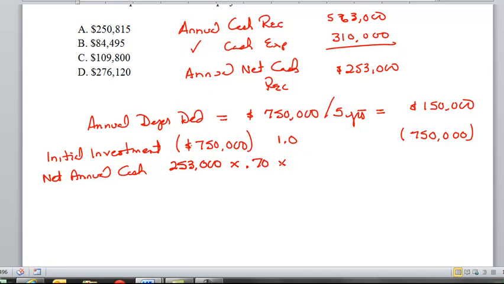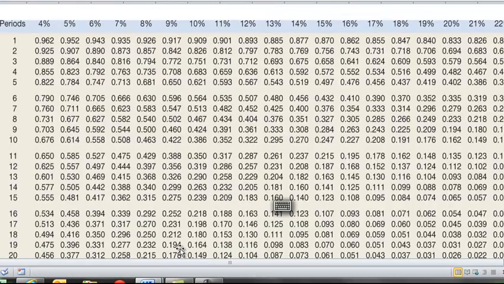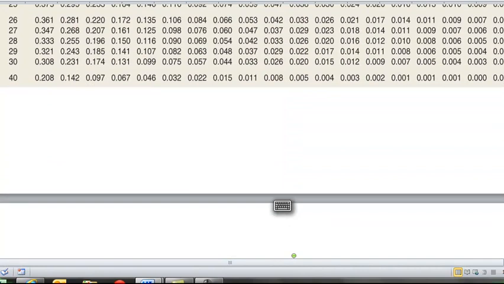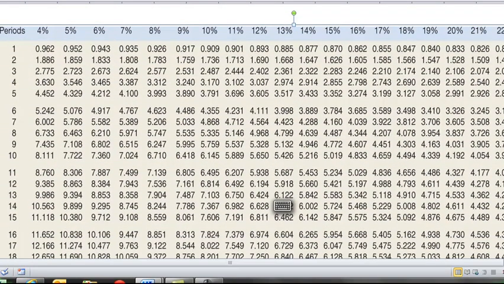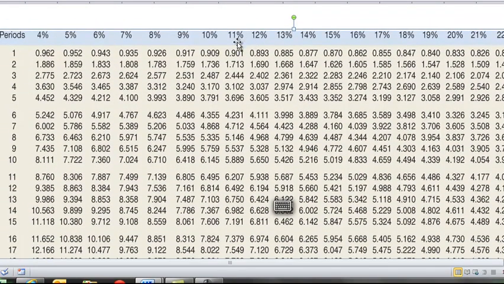And then we want to find out what the factor is. Now remember, it's an annual cash flow. And what you want to remember is it's going to be for 7 years. And our discount rate is 11%. So if we go to our present value of an annuity, 11%, 7 years, gives me a factor of 4.712.